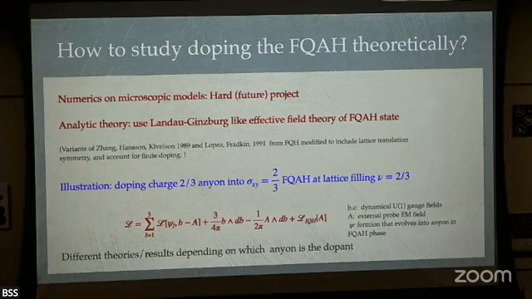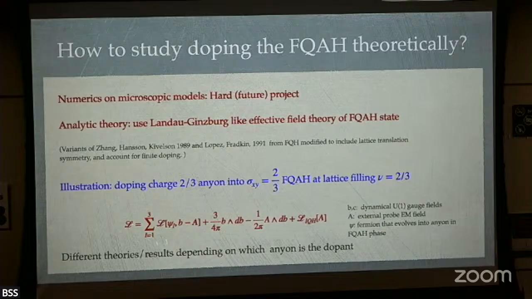So I've written a Lagrangian here with the field psi, 3 species, psi I, where I goes from 1 to 3. Psi I is the fermion that will evolve into the anyon, into the charged 2/3 anyon, if the system is in the 2/3 fractional quantum Hall plateau, right?